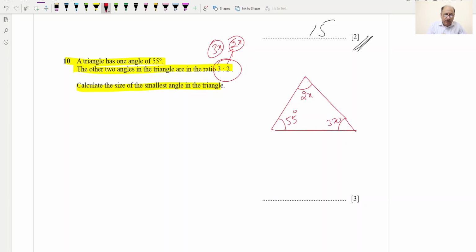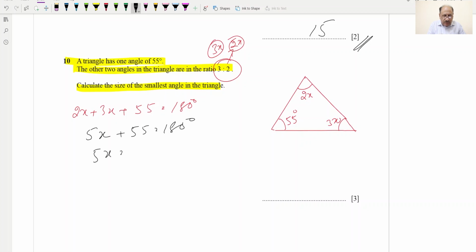So we will take this one as 2x and this one as 3x by that ratio. Now we know that the interior angles of a triangle add up to 180 degrees. So we can write 2x plus 3x plus 55 is equal to 180 degrees. Now this is the equation which we formed. Now we can solve this. So adding like terms, 5x plus 55 is equal to 180 degrees.